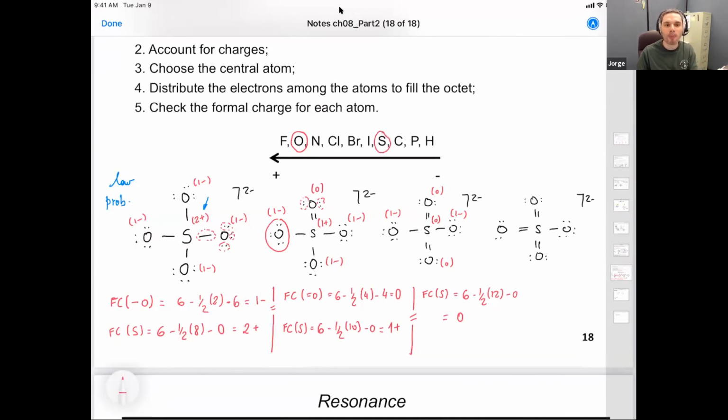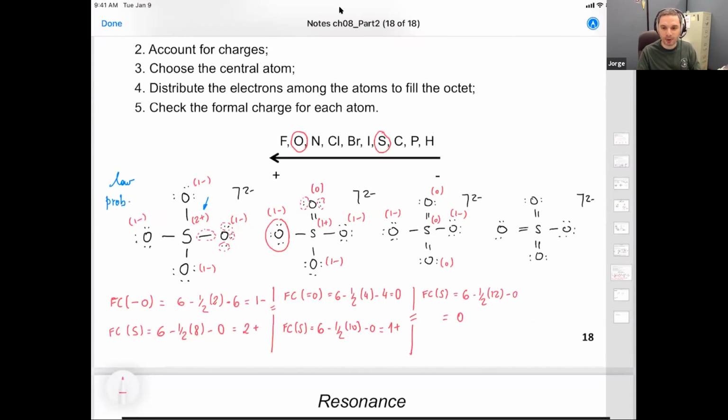So it makes sense that oxygen has a negative charge when bonded to sulfur, because this atom can attract the electrons in the covalent bond closer to it. So although it's not 0 for everybody, it makes sense that the formal charge of the oxygen is 1 minus.